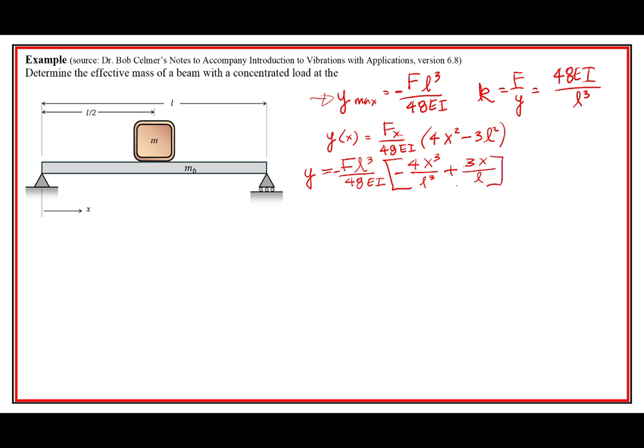So that's going to be the same thing as y max times this distribution. I'm going to flop them around, so 3x over L minus 4x cubed over L cubed.